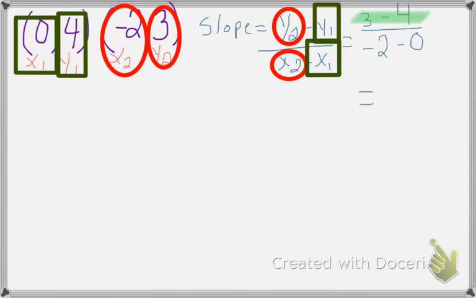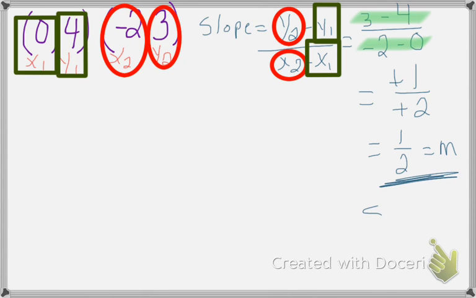3 minus 4 is negative 1. Negative 2 minus 0 is a negative 2. A negative over negative makes a positive. So this is really 1/2. And your slope is the letter M. Now we have a slope and a point.